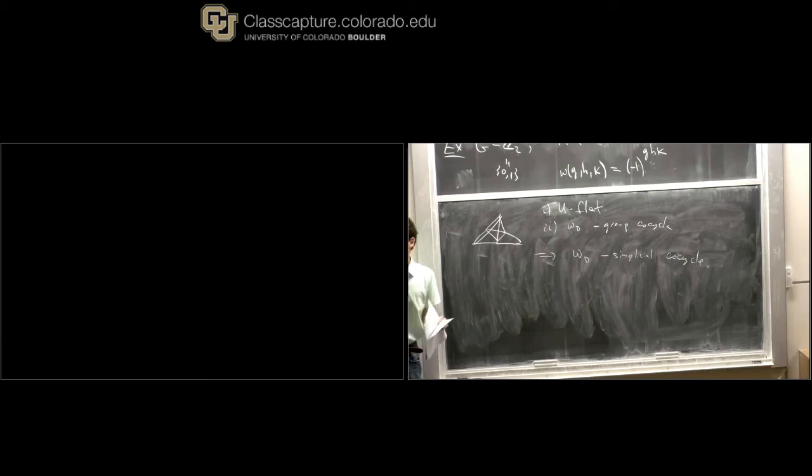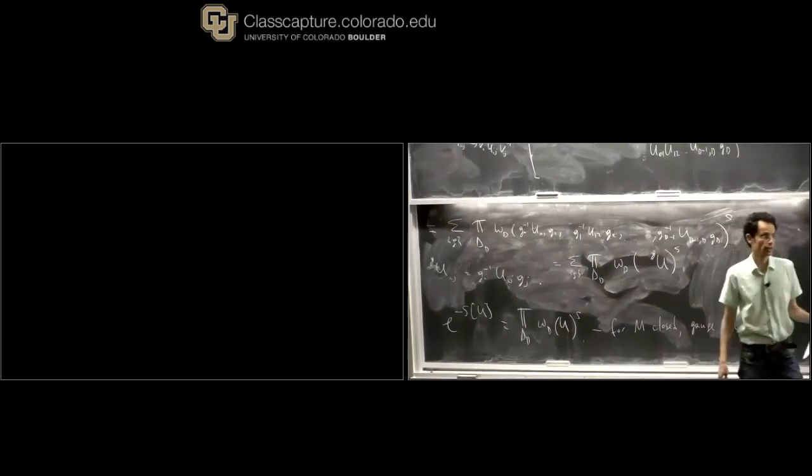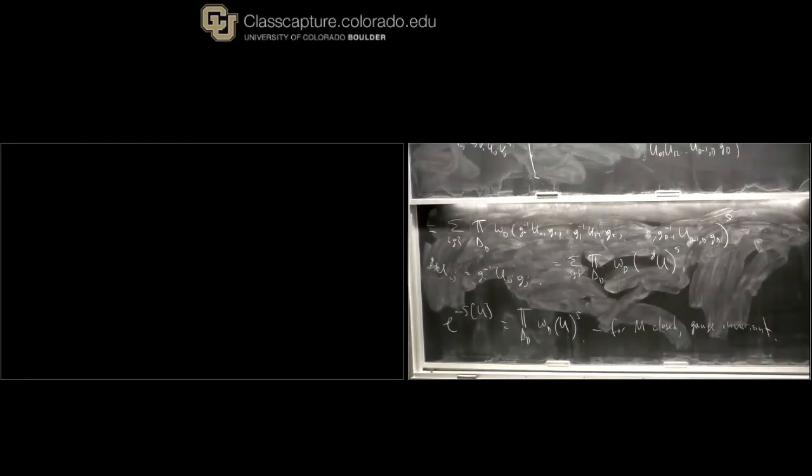So W D is something which is defined on every D simplex via this expression, and I claim that it's closed in the simplicial sense.